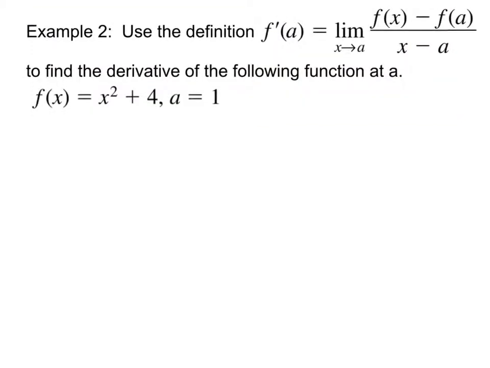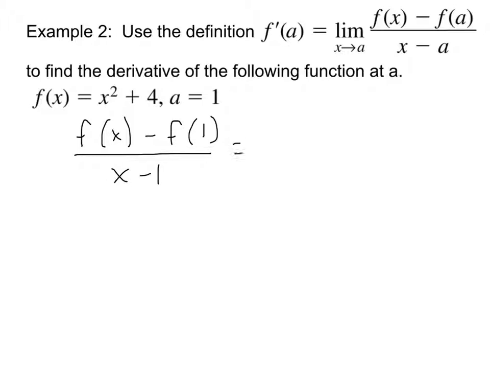So using the definition, we set this up as f of x minus f of 1, because we're going to say a is 1 here. We're going to find out specifically at a equals 1, what we're looking at here, all over x minus 1.